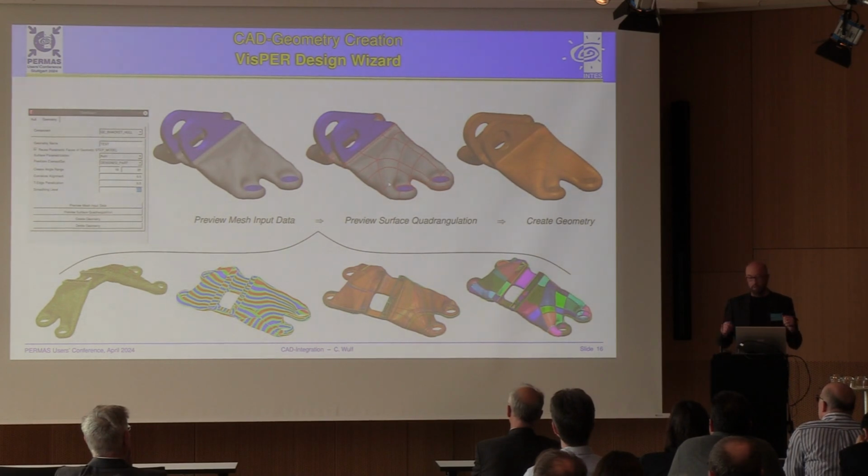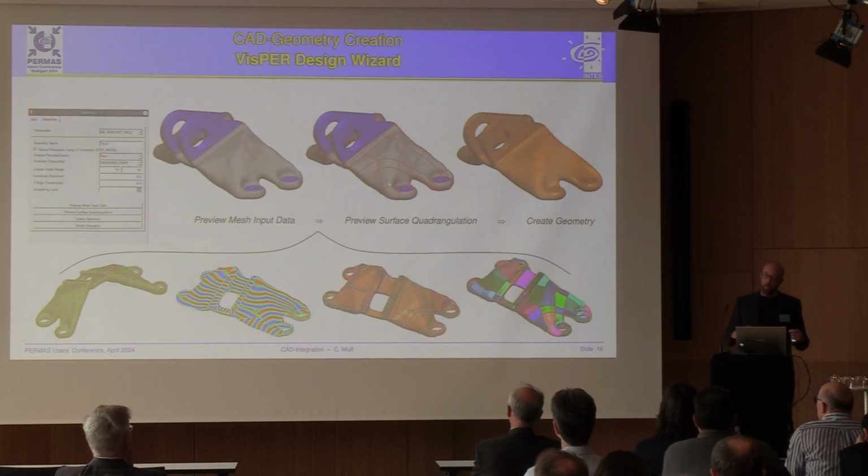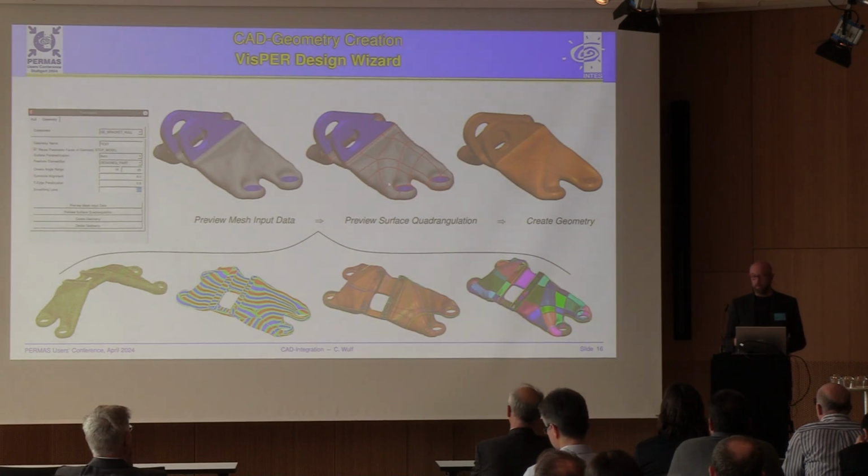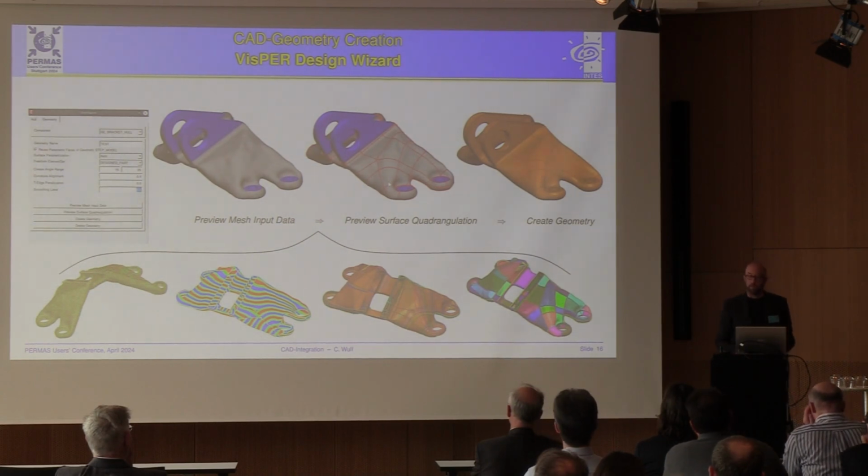You can control it with some parameters that, at the end, determine the number of patches, how well they are aligned to the geometry, and also how many T-joints are arising. And if you're satisfied with the result, then you click the next button. Together with some smoothing, you get the fitted B-spline patches and then the final geometry.